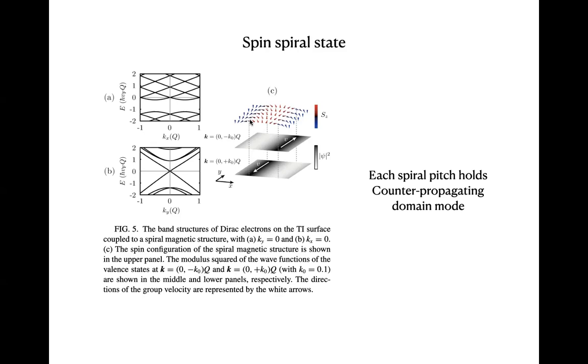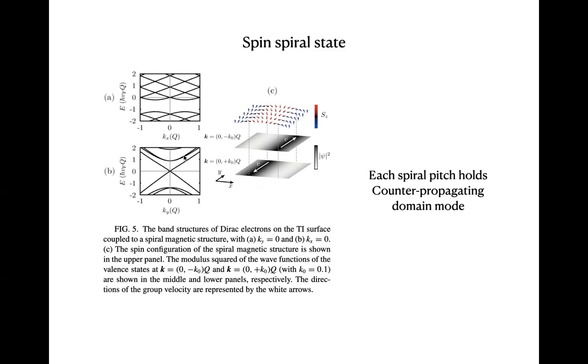Whenever you have this spiral periodicity, there will be one chiral propagating edge mode. For this spiral period there is a chiral mode in this direction, and in this one a chiral mode along the other direction.